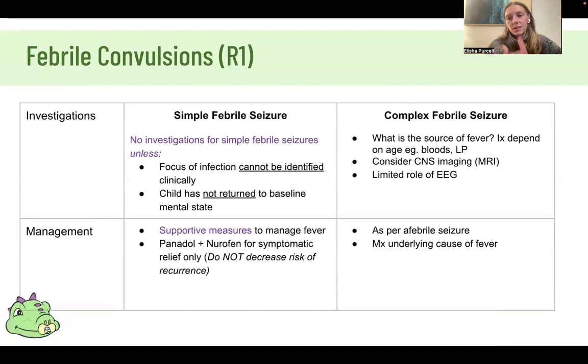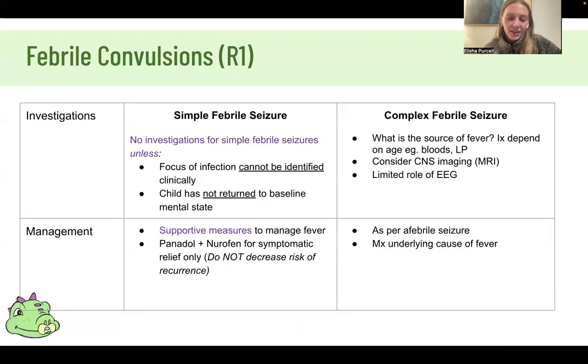Investigations can break it up into simple or complex febrile seizure. For simple, there's no investigations needed unless there are any red flag symptoms and you need to rule out other pathologies. For complex febrile seizures, you have to consider the source of the seizure, the source of the fever.